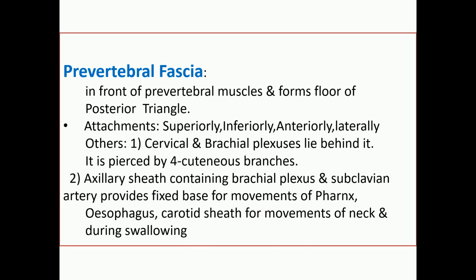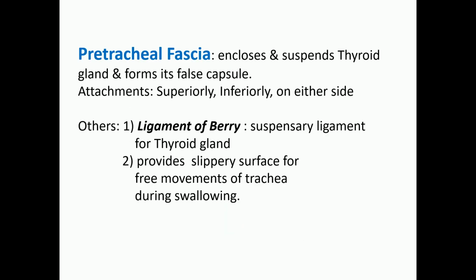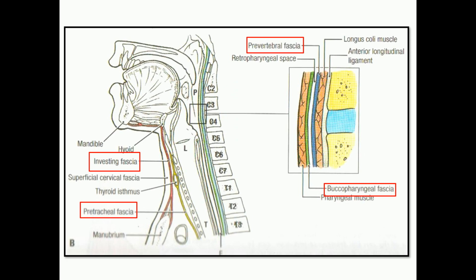Now vertical tracing of the prevertebral fascia. This one is the prevertebral fascia, this blue colored line. This is the retropharyngeal space. This is the longus colli muscle. This is the section of the vertebral body and intervertebral disc.